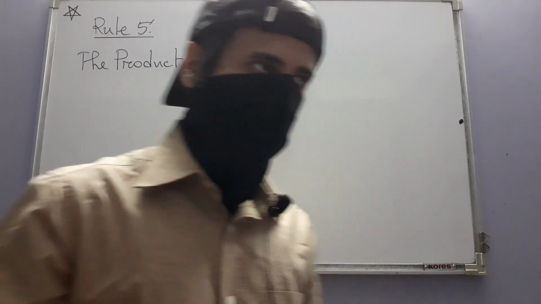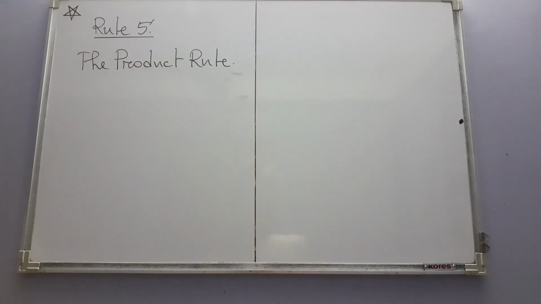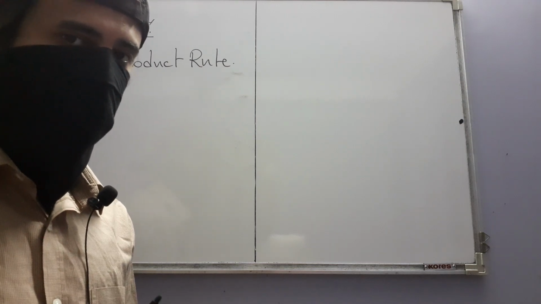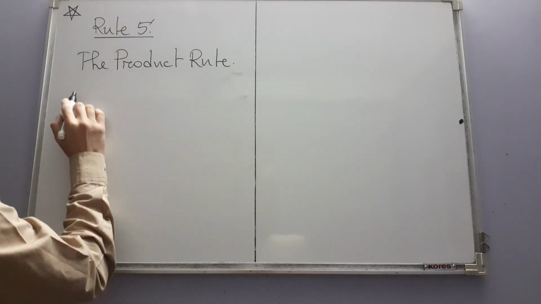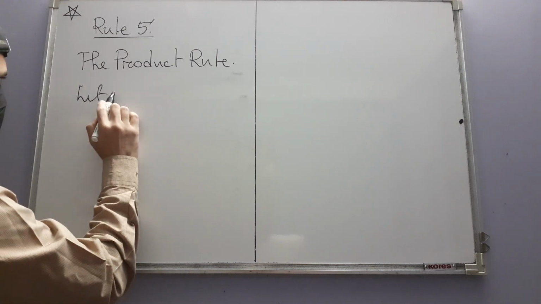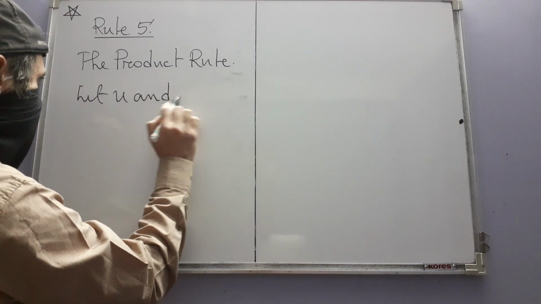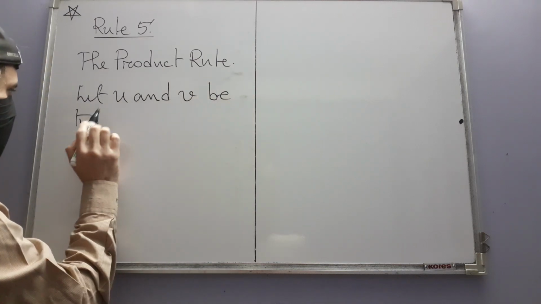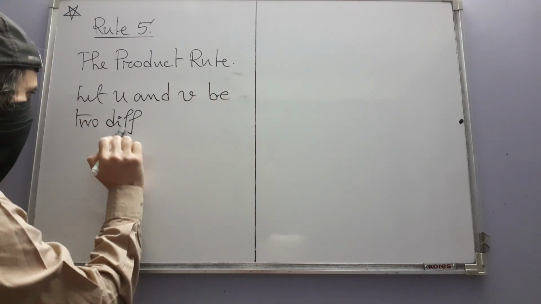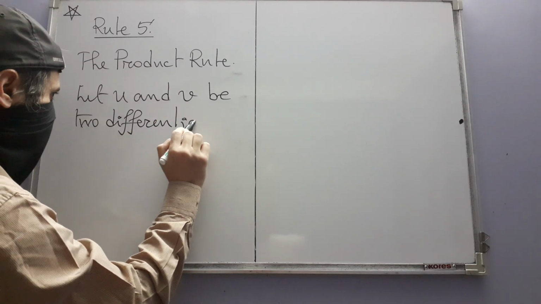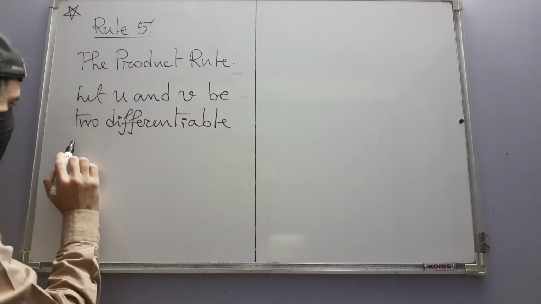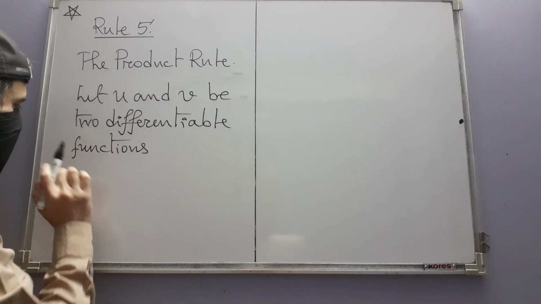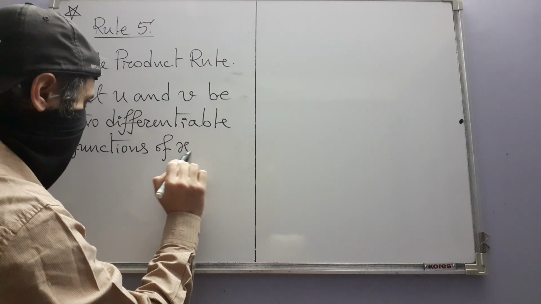Okay, so the next differentiation rule is the product rule, and it states this. This involves the product of two differentiable functions. Let u and v be two differentiable functions of the variable x.